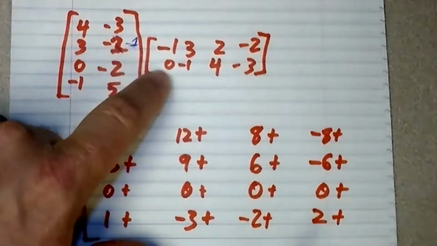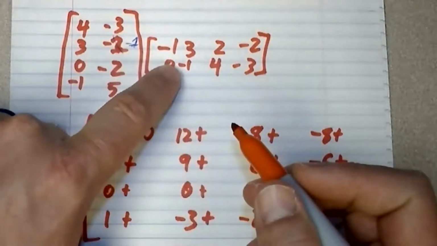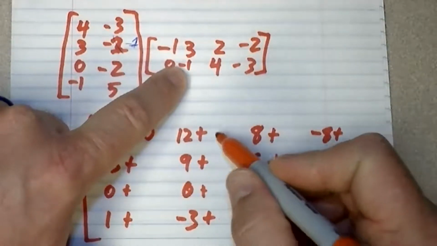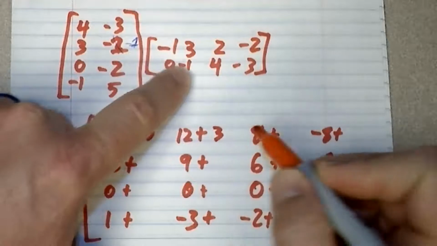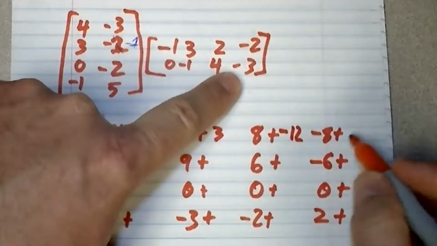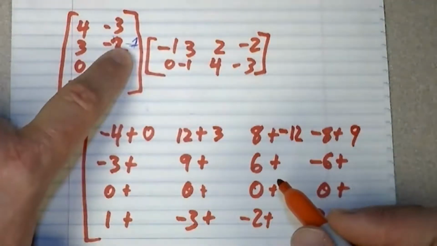So -3 is going to be multiplied by 0, and this will be 0. Negative 3 times negative 1 is just 3. Negative 12 and positive 9. And now we'll do this negative 1.